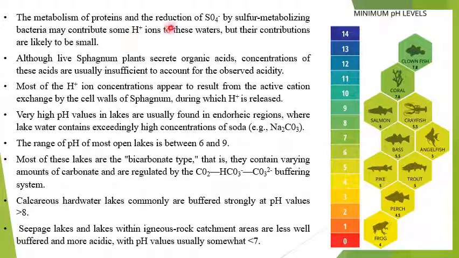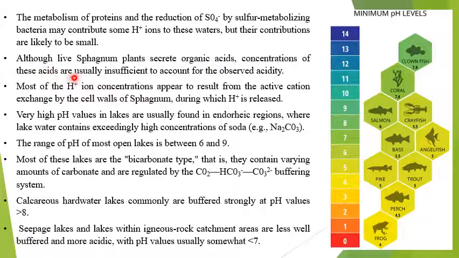Metabolism of protein and reduction of sulfate by sulfur metabolizing bacteria contribute some H ions in this water, and due to the SO4, it will form H2SO4, sulfuric acid, which leads the pH to the lower side. Live sphagnum plants secrete organic acid.